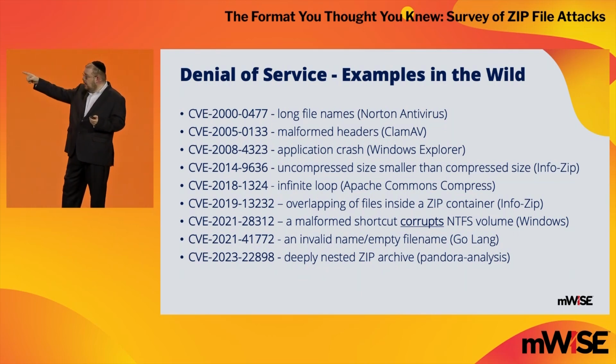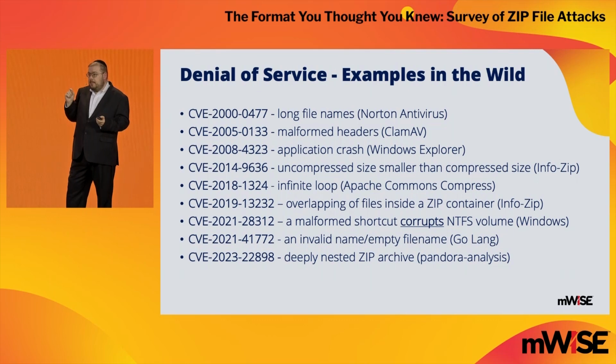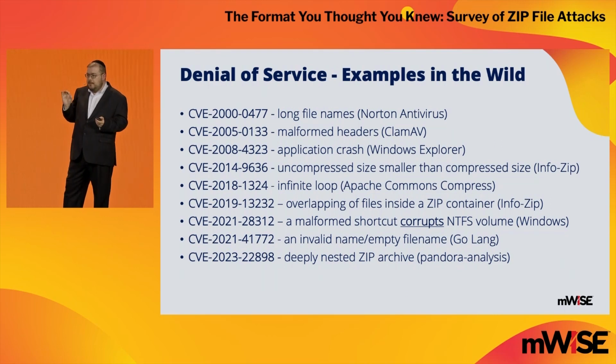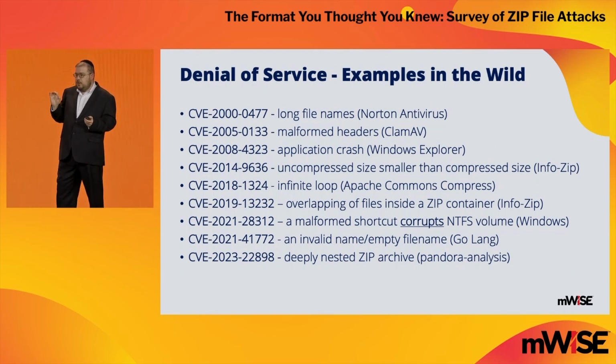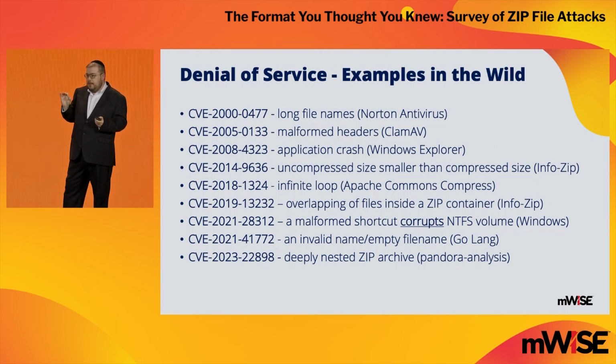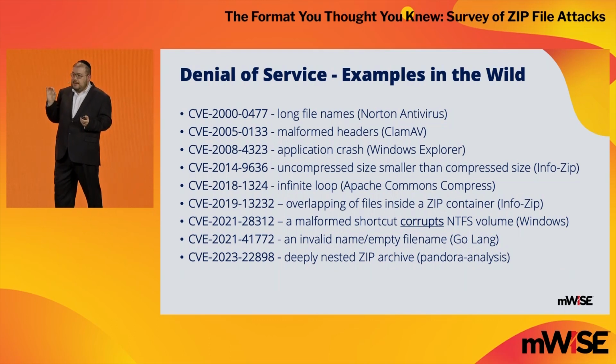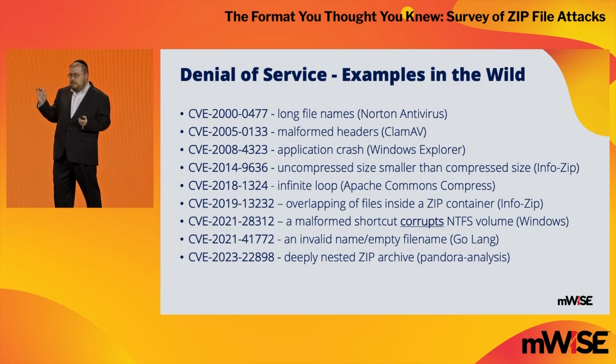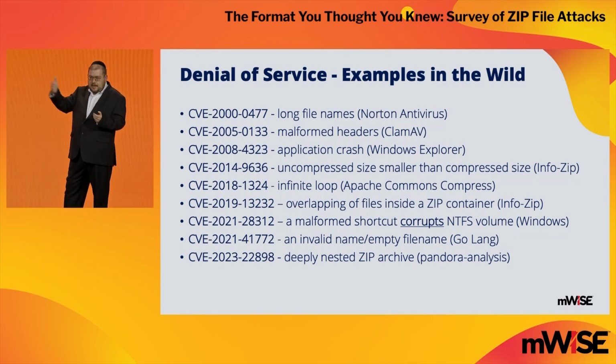Now, I do want to call out the third one from the bottom. This one is one of my favorite ones. Windows NTFS has a bug that if you set a specific ADS attribute 113, the next time you reboot the system, the NTFS partition will delete itself, because Windows now thinks that that partition is no longer valid. The payload mechanism, this is not a zip bug.